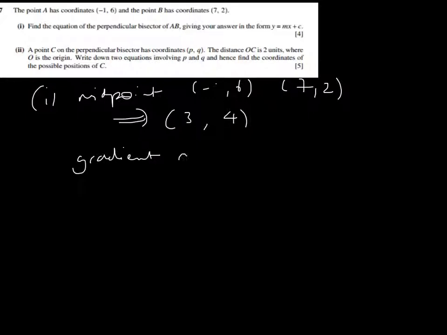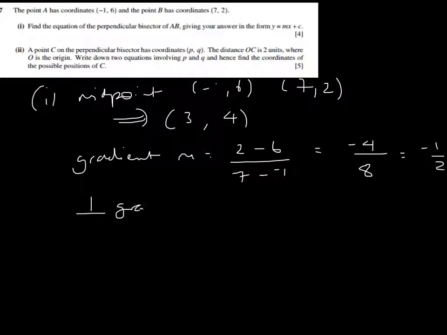So that's going to be 2 minus 6 all over 7 minus -1. So what's that? -4 over 8. So -1/2. And then for the perpendicular gradient, obviously we're just going to flip that upside down and change the sign. So that's 2.